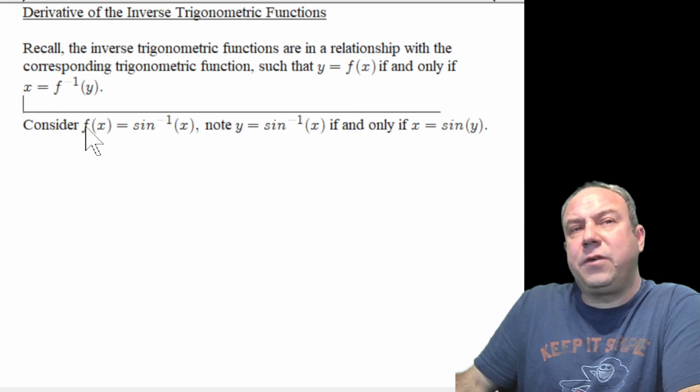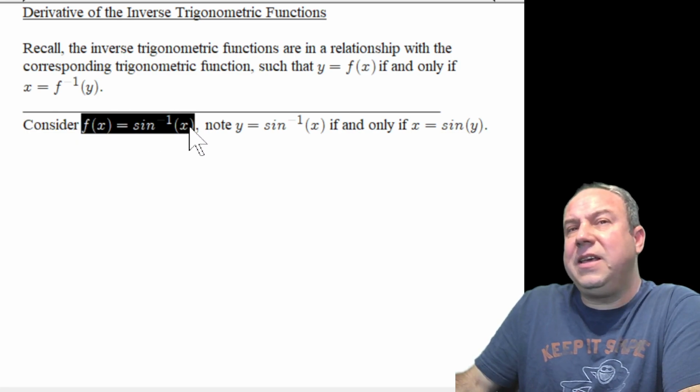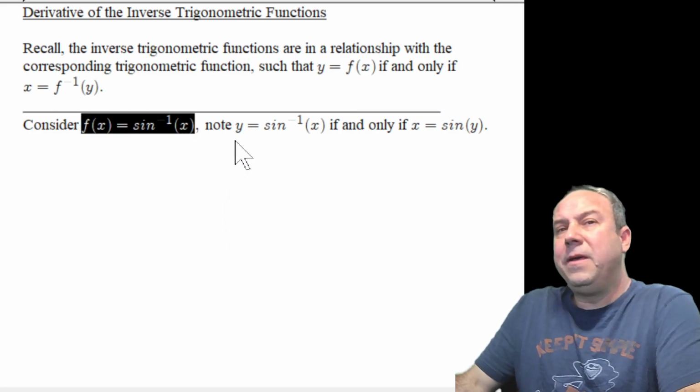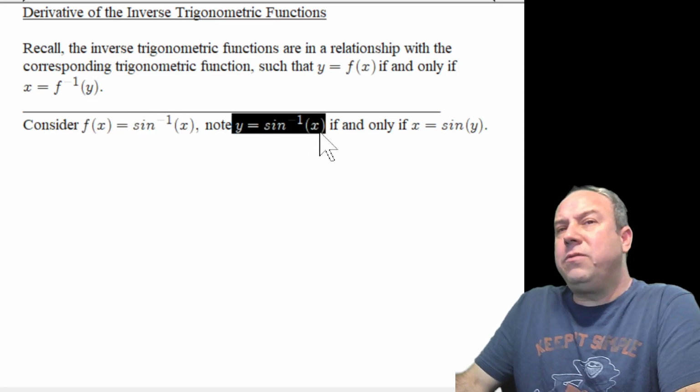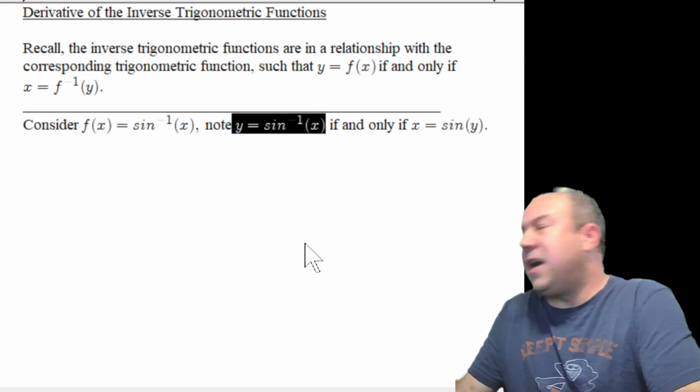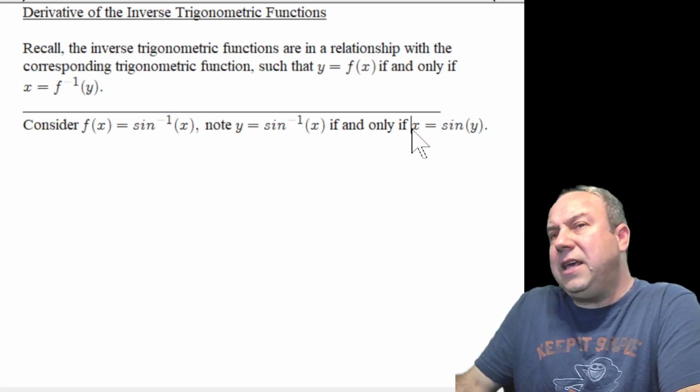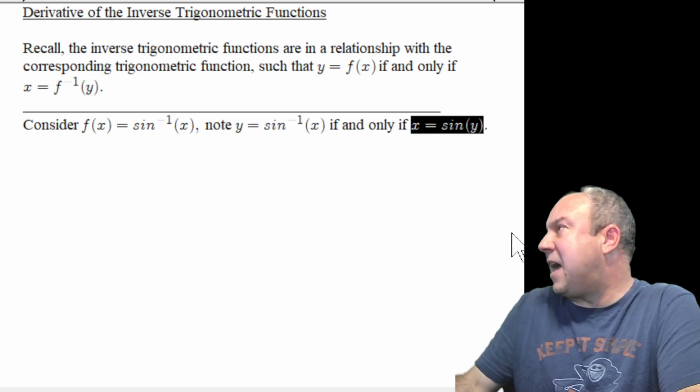If we consider, for instance, to begin with, just the inverse sine function, we might note that y equals the inverse sine of x if and only if x equals the sine of y.